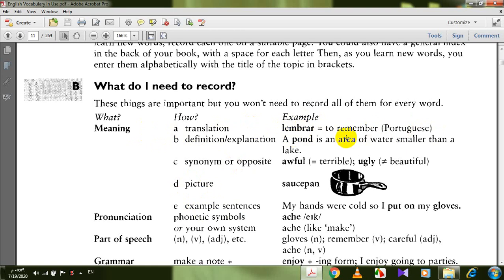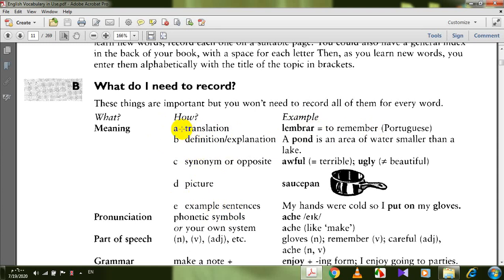So lembrar means, this is the example, lembrar means to remember. Okay, this is translation. Definition or explanation, definition and how, like by translation, by definition, by synonym or opposite, by picture, by example or sentence. So how, we have many things actually.